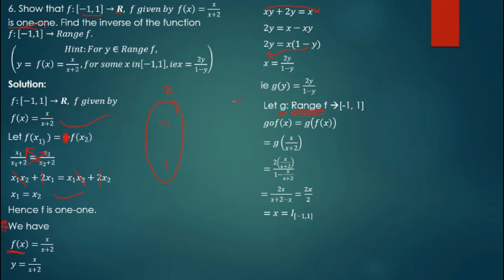Okay, now this is our set of real numbers. So getting paired, -1 having image in R, here 1 is having image in R, so all the elements between -1 and 1 will also have a unique and distinct image.